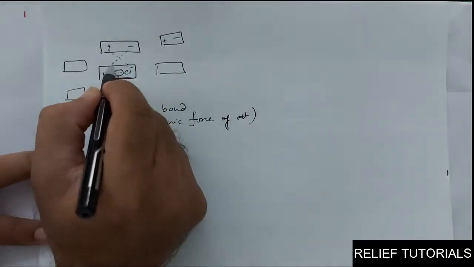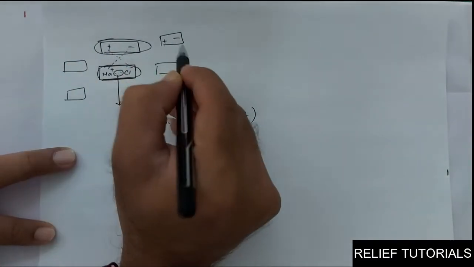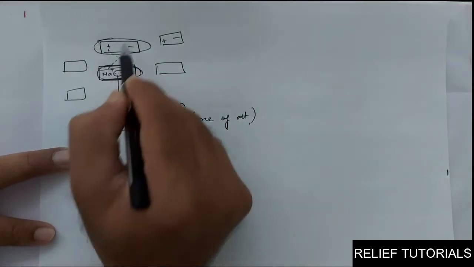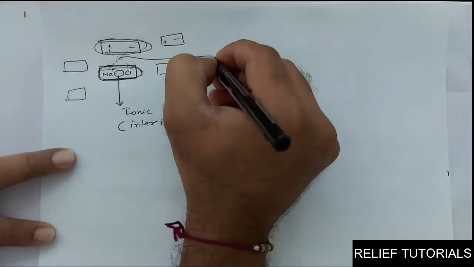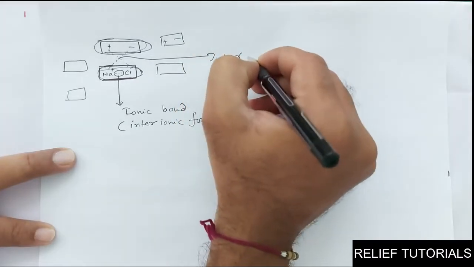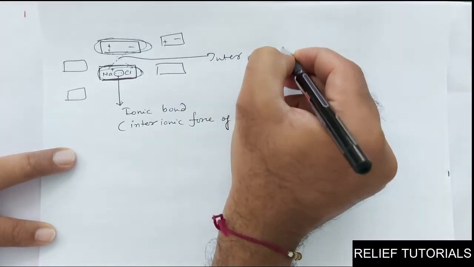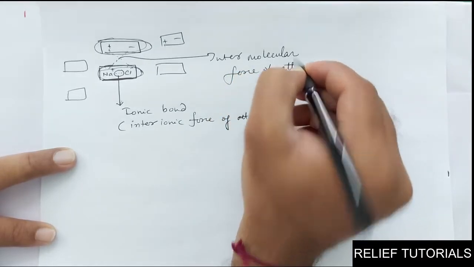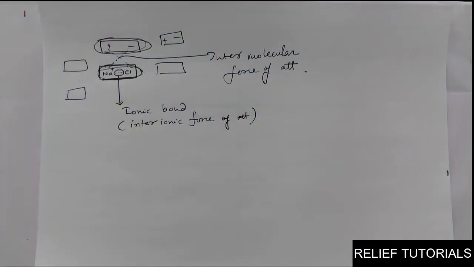Okay, but now what is this force called? The force between one molecule and another molecule is called intermolecular force of attraction. Is that clear? That is called intermolecular force of attraction.